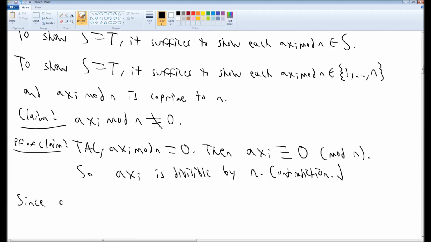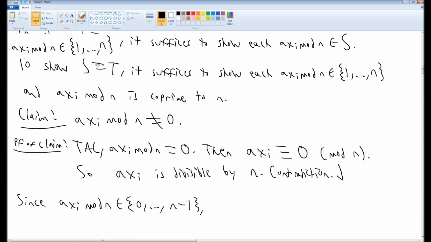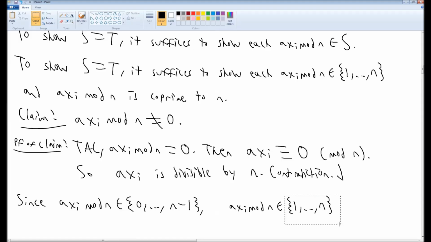And since anything mod n has to be between 0 and n minus 1, and it can't be 0, it has to be between 1 and n minus 1. If it's between 1 and n minus 1, then in particular, it has to be in this set, which we wanted to show. All right, so we showed that this is true.